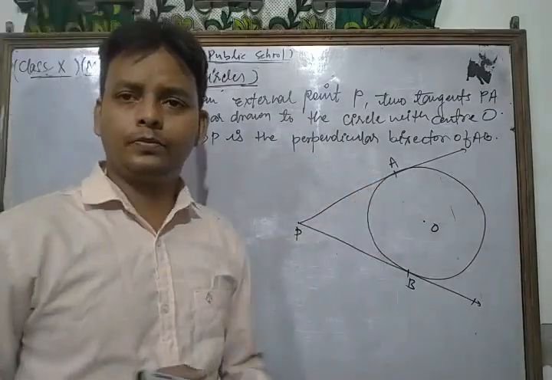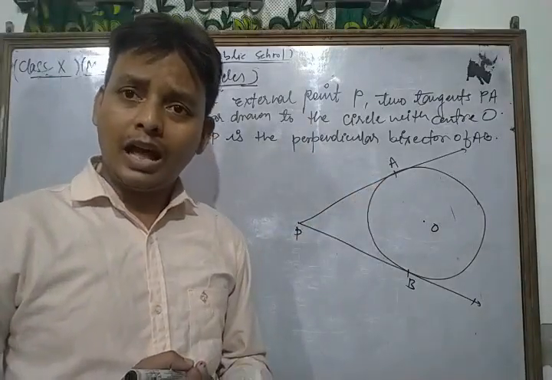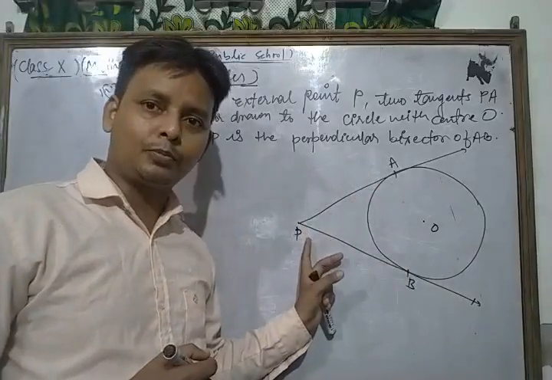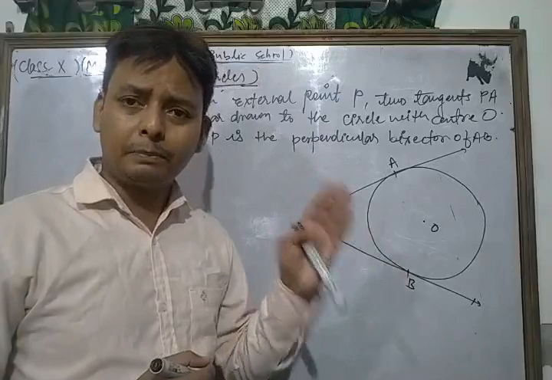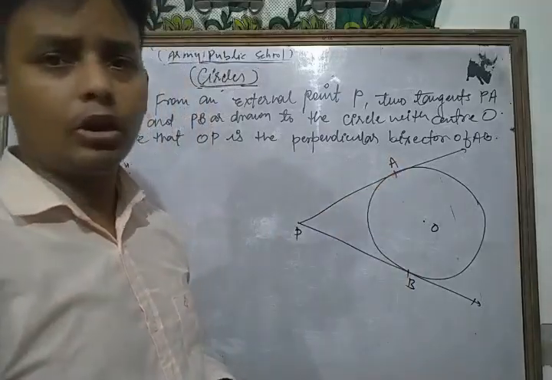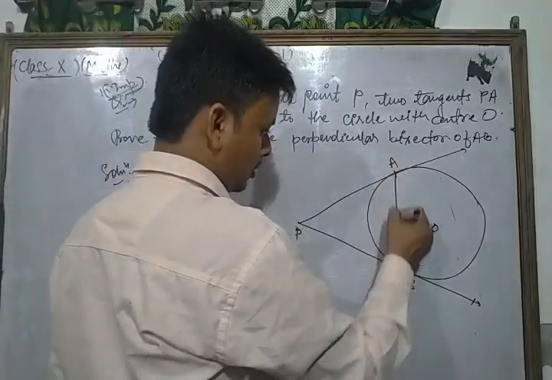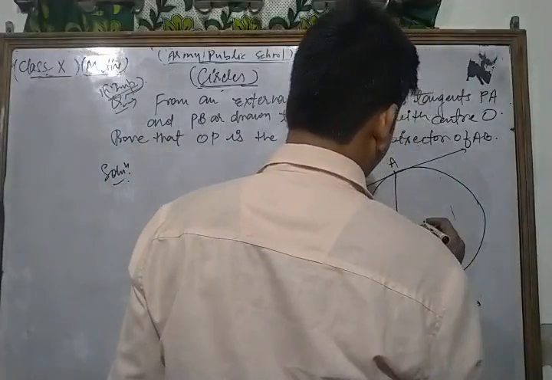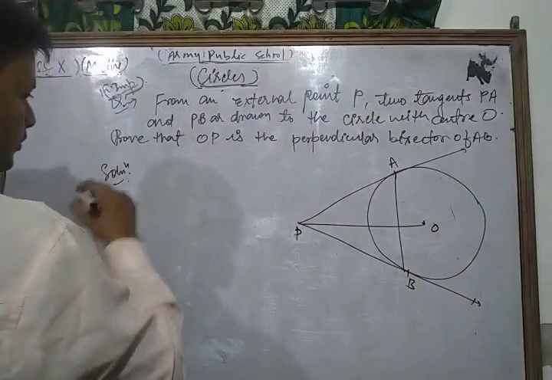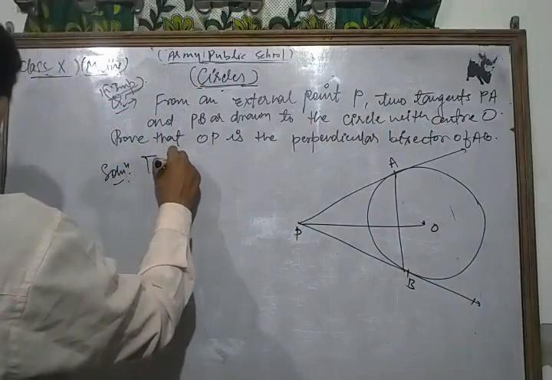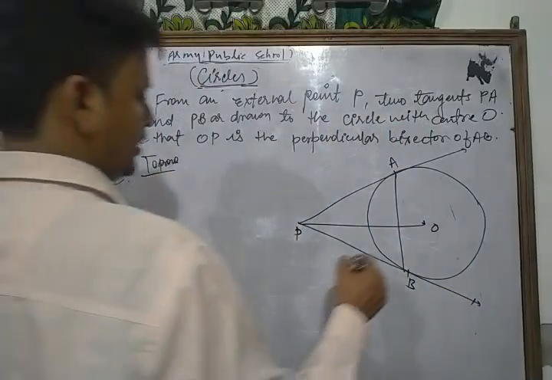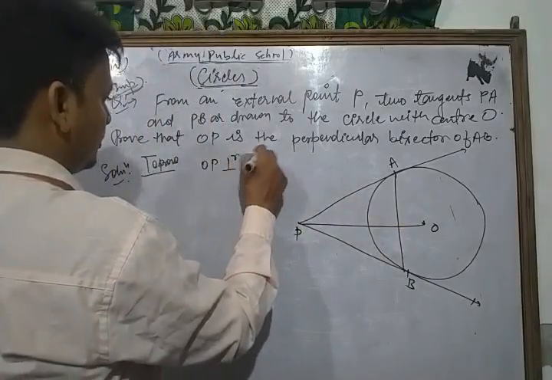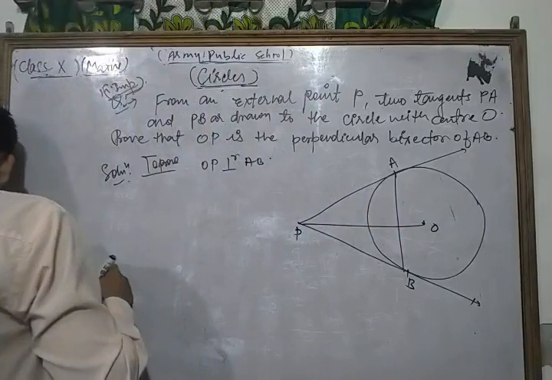AB is your chord, and we have to show that the line joining the center and that external point is the perpendicular bisector of chord AB. That means if we join chord AB and we join OP, then we have to show that OP is the perpendicular bisector of AB.